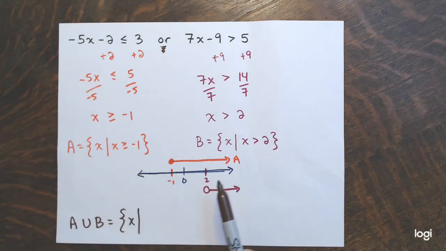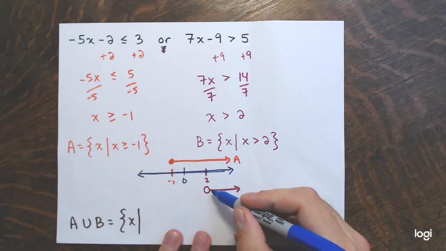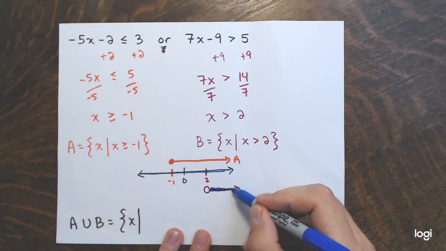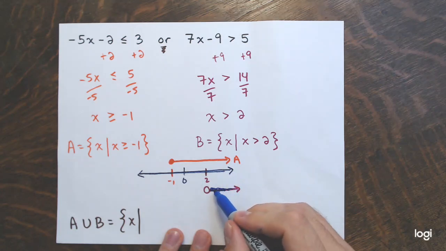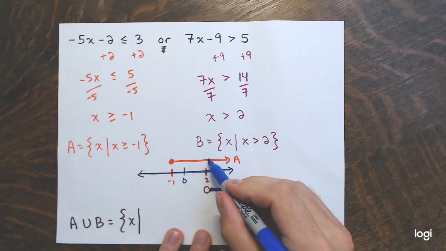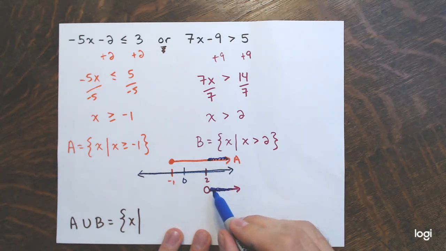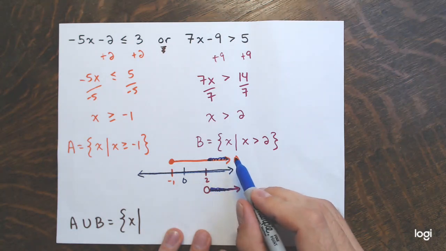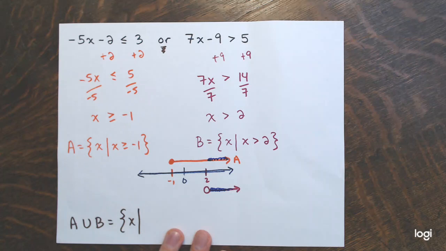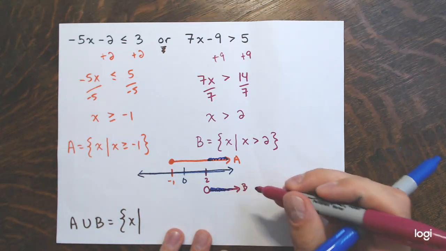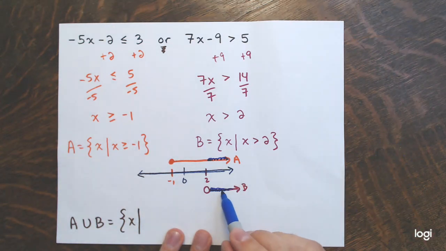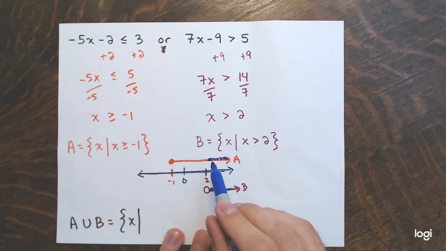It's just that, do you see how one of those can kind of be just absorbed by the other? Let's take a look at this. You see how all the numbers greater than 2 are also in A. All of these numbers here are also in A. So it's almost like set, oh, I didn't call it set B, sorry. That's set B. See how all the numbers in set B are in set A already?